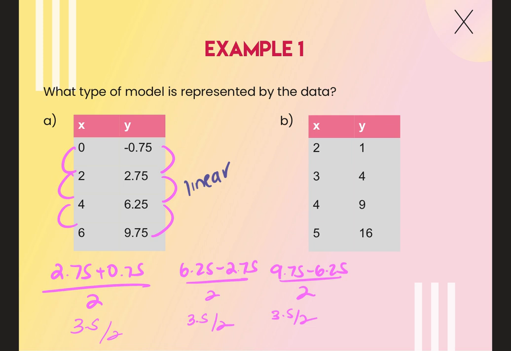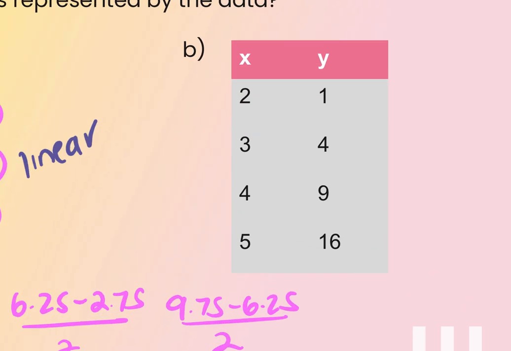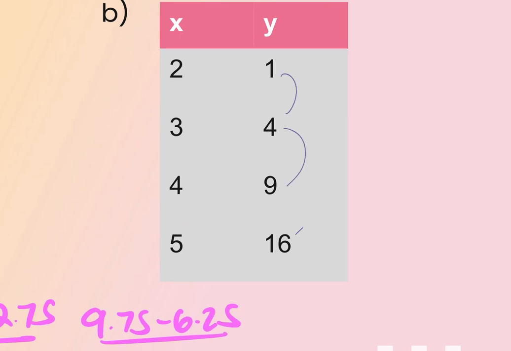Then I go to B, and I'm going from 2, 3, 4, 5, so my x's are increasing at the same rate. I look at my y's. The first difference would be 4 minus 1, which is 3, 9 minus 4, which is 5, 16 minus 9, which is 7. Those are obviously not the same. So then I go to second difference. 5 minus 3 is 2. 7 minus 5 is also 2.